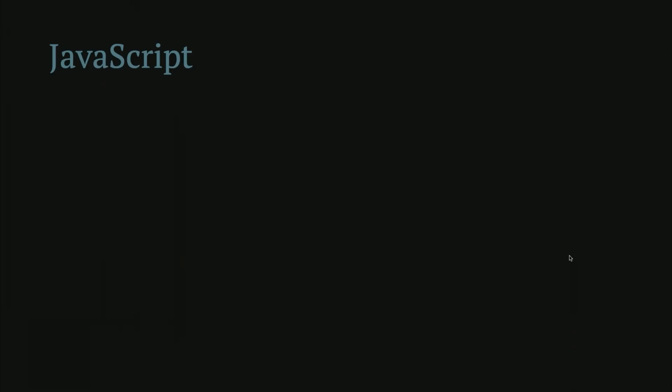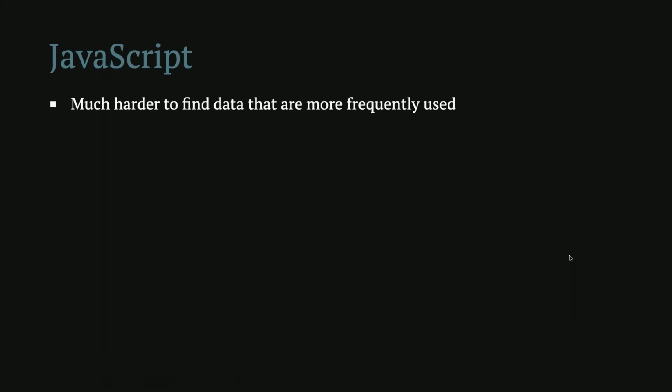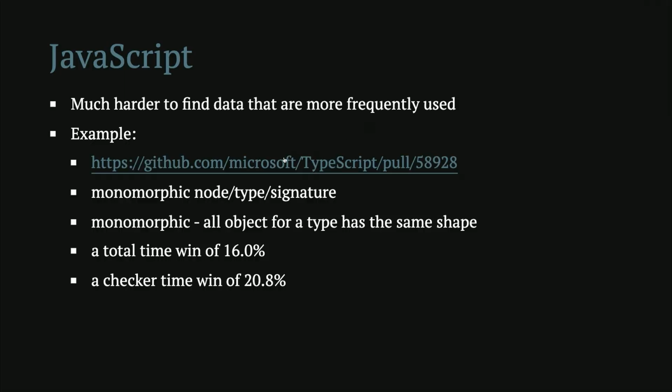For JavaScript, it's really, really hard to optimize and make it fast. It's much harder to find data that are more frequently used. For one example, in the TypeScript compiler, there's a pull request that has something called monomorphic no type signature.